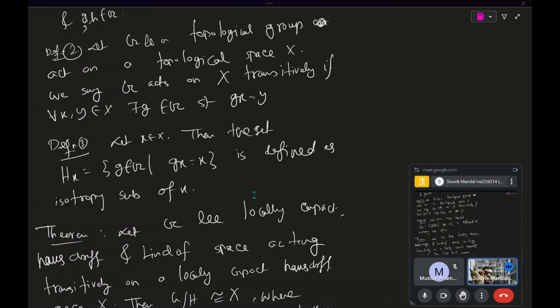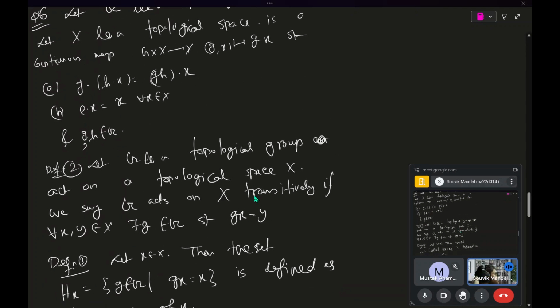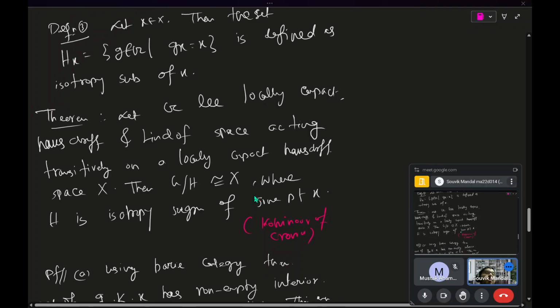That is, the composition map and the inverse are continuous. Now, like in abstract algebra, there is also the notion of an action of a topological group on a topological space. Then the action is transitive if, taking any two points x and y from the space X, x can be obtained from y by the action of some element. That is, there exists a g belonging to G such that gy equals x. Okay, now definition.